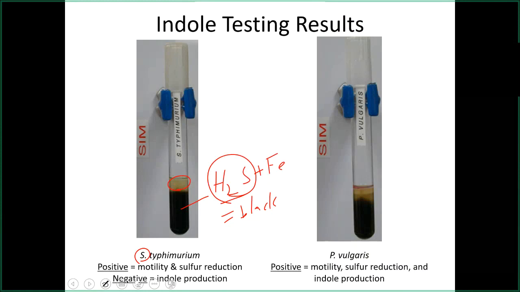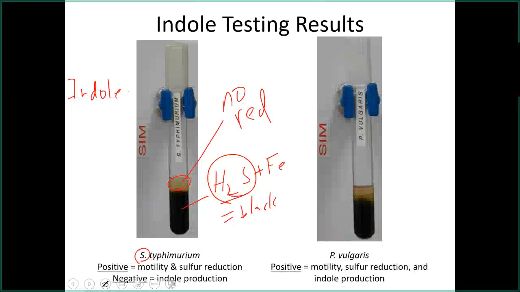Also, the Kovacs reagent was added there, and so that's going to produce a little band of light color at the top. And you can see that there's no red, so there's no indole production. So we'll say indole negative for that result.